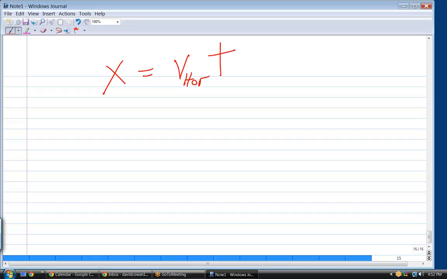That's the x equation. Well, the horizontal speed happens to be the speed of the ball times the cosine of the angle. So it's more complicated to come up with the horizontal speed, but as long as you can take a vector and break it into its horizontal and vertical components, that's what you're going to need to do.